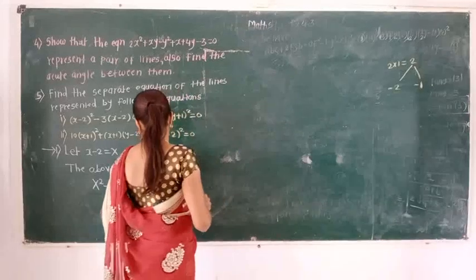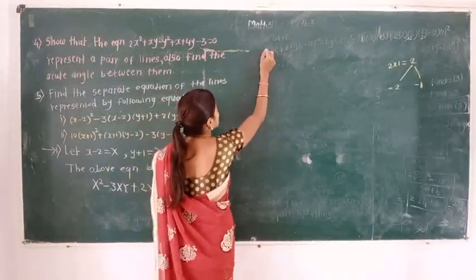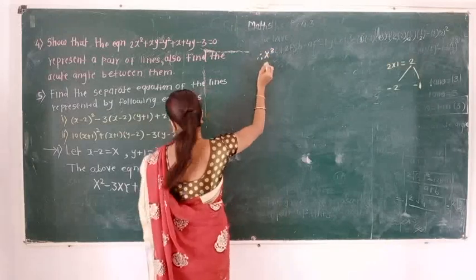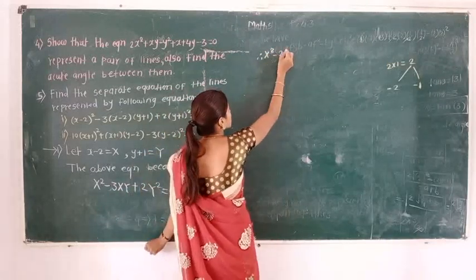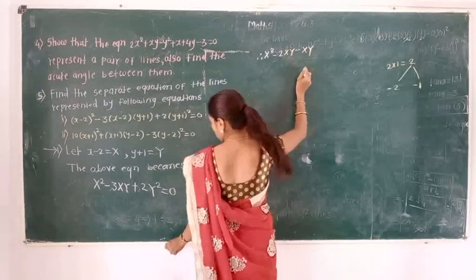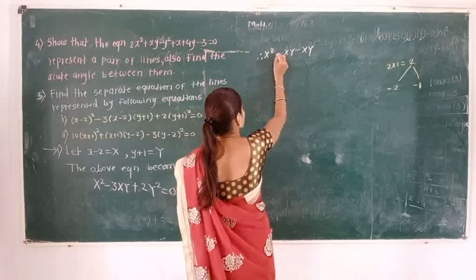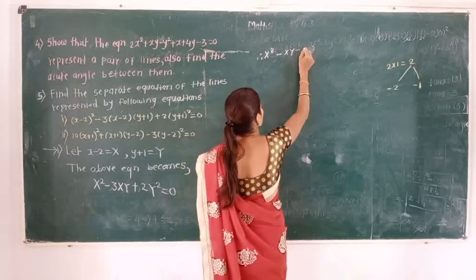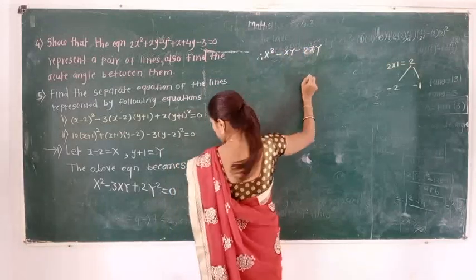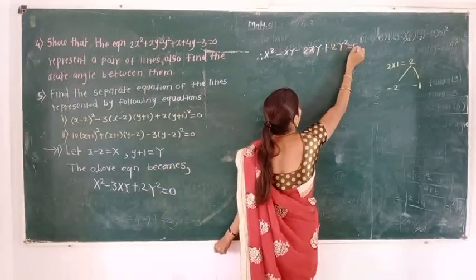Now we can write the given equation as x square minus 2xy minus xy plus 2y square is equal to 0.